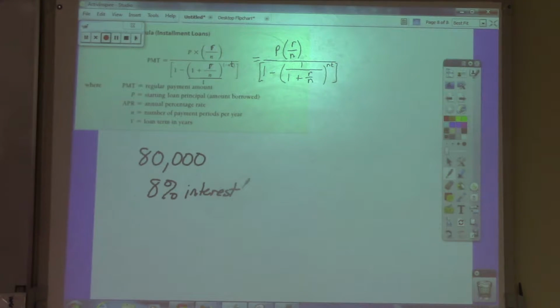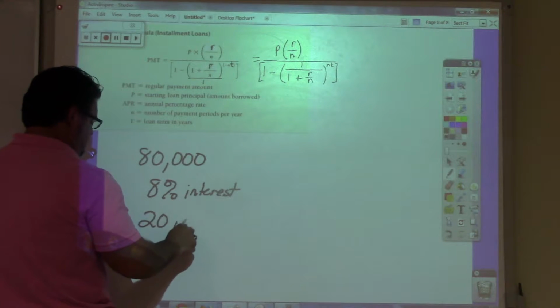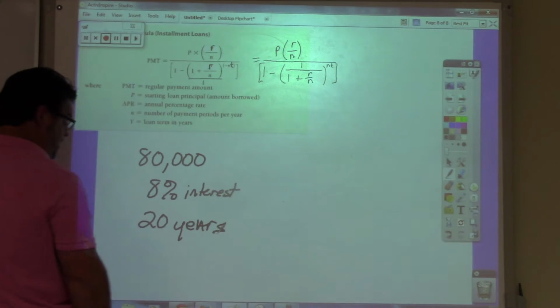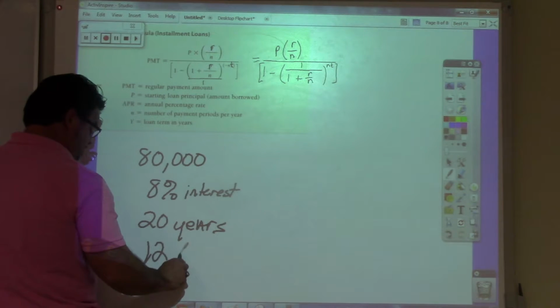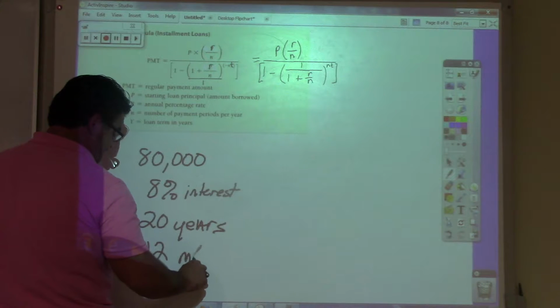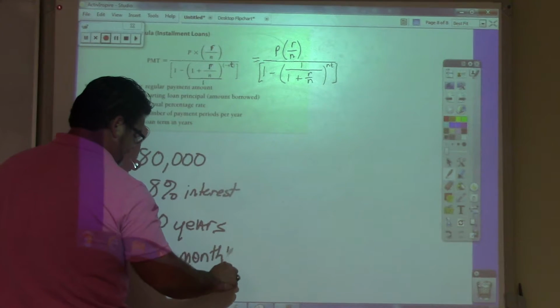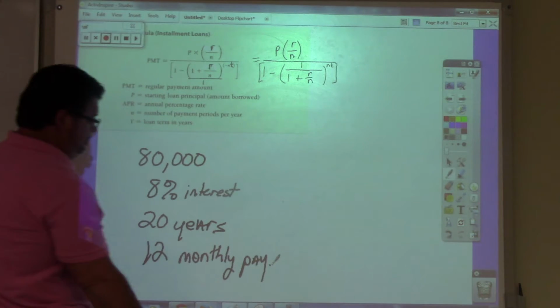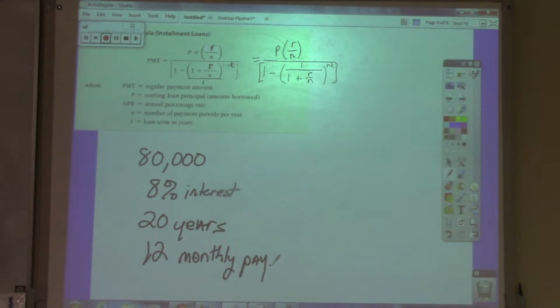Most houses are either 20, 30 years, so we'll say 20 years. And we all know what kind of payments we make. What are they called? Monthly payments. Crank it out. See how much that house is really going to cost you.